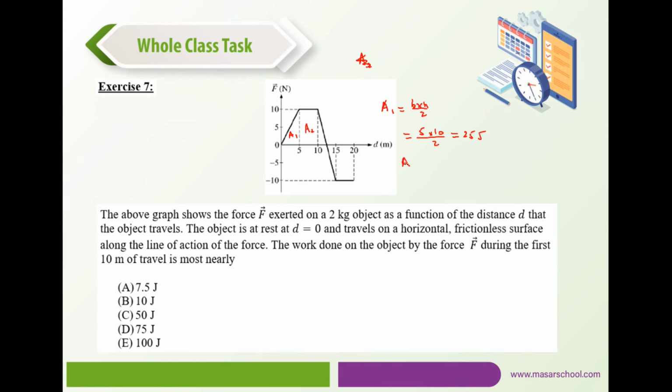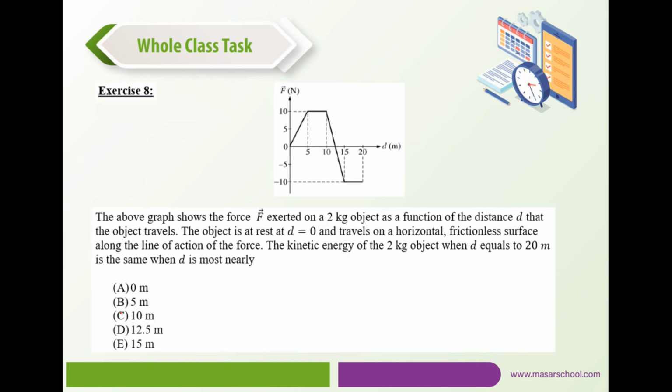And the area A2 would be from 5 to 10, that's 5 length times 10 width, which is 5 times 10, and that would be 50 joules, and the total work done would be 75 joules, 25 plus 50.